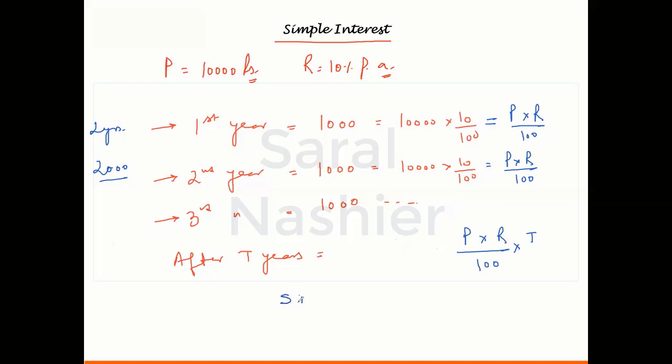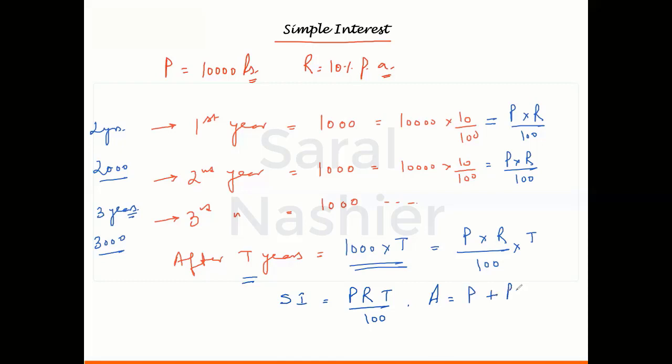And therefore we have this formula for simple interest, which says P into R into T divided by 100. Simple interest is P into R into T divided by 100. And obviously, the amount would be nothing but principal plus simple interest. So P plus PRT divided by 100 would become the amount. This is the amount and this is the simple interest. So this is how simple interest is calculated.